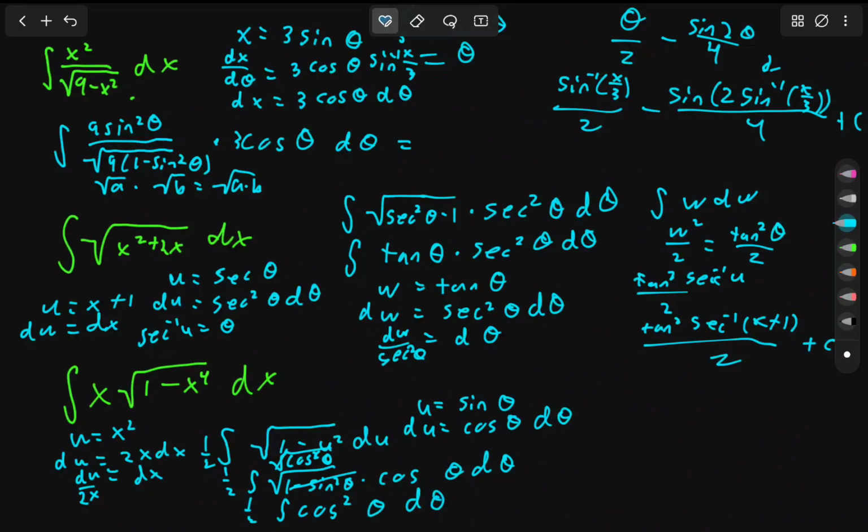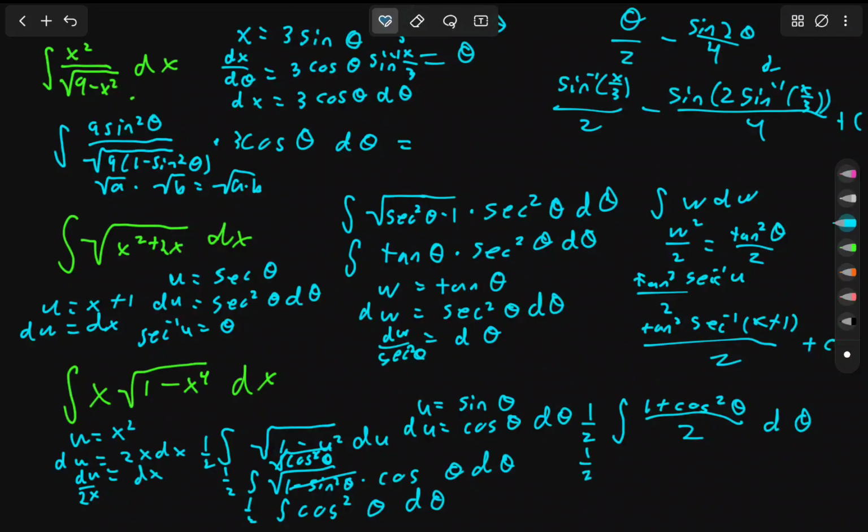We can now use our half angle formula. So we get 1/2 of the integral. Cosine squared is going to be 1 plus cosine of 2 theta over 2 d theta.